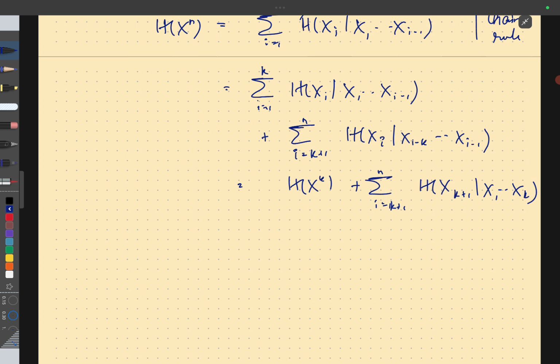Right? Because if you take any contiguous block of k plus 1 symbols, the distribution is the same even if I look at the subsequent contiguous block of k plus 1 symbols, because we assume that it's a stationary kth order Markov chain.